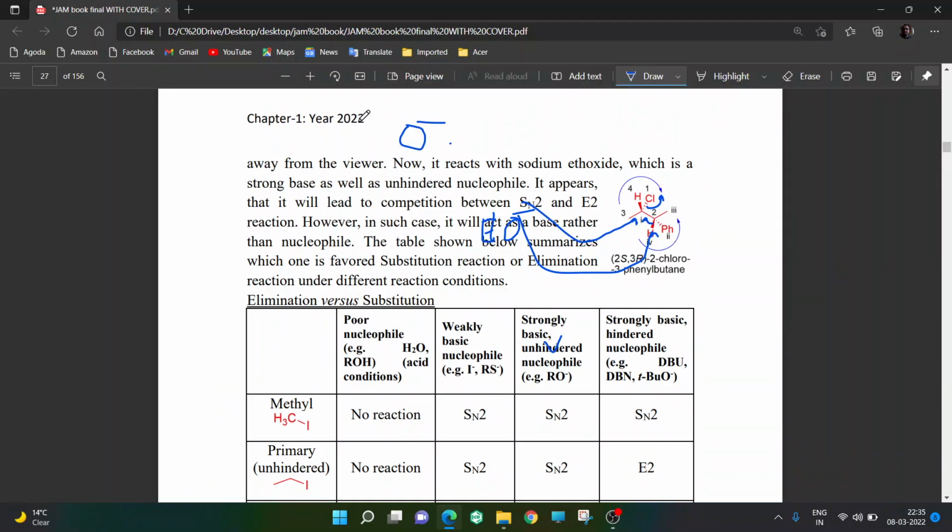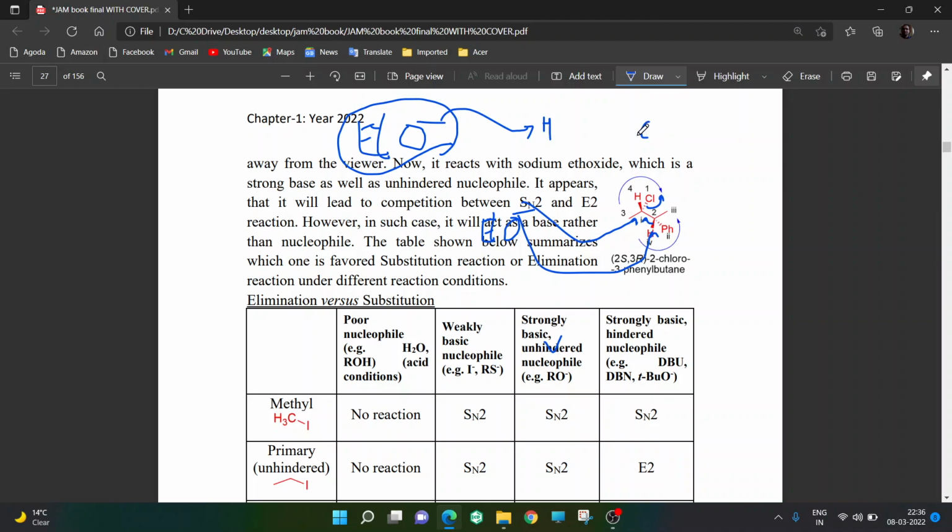Oxygen is quite small, so it is tough to distort the orbital, so it is hard. Now a hard species will attack a hard species. Among proton and carbon, proton is the smallest, so it is the hardest. So hard will attack hard, so it acts as a base if there is competition between hydrogen and carbon, because carbon is relatively much softer than hydrogen.